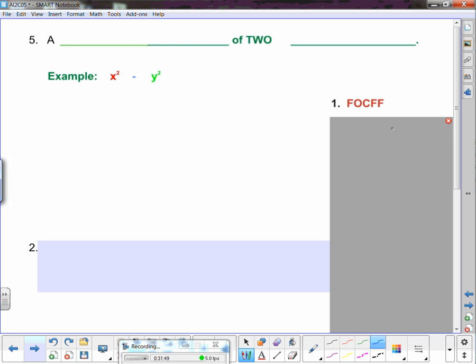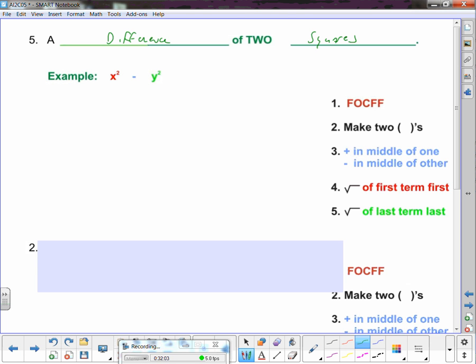All right. Here's another whole nother day. A difference of 2 squares. I'm just going to have to refresh your memory real quickly, because that's life. Look for common factors.